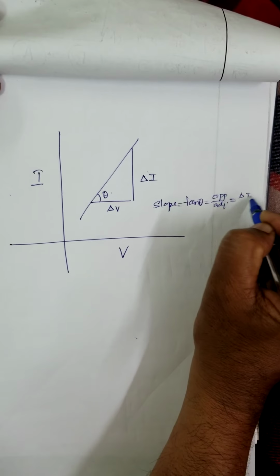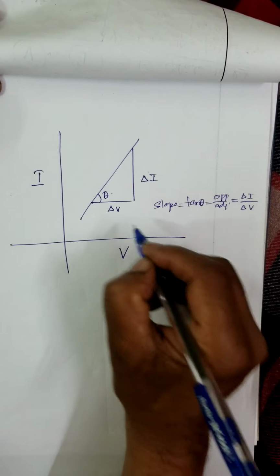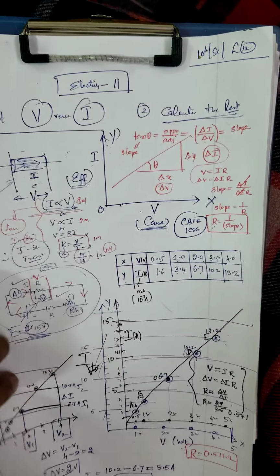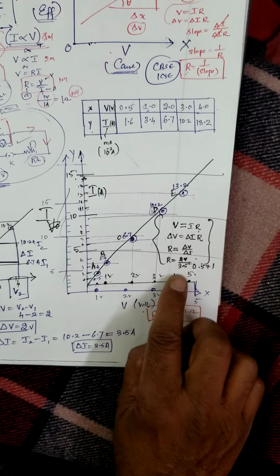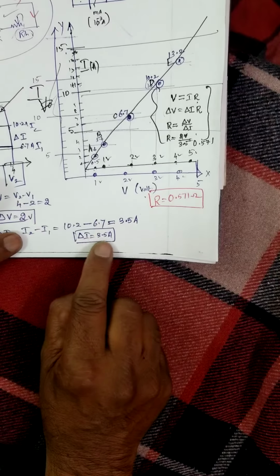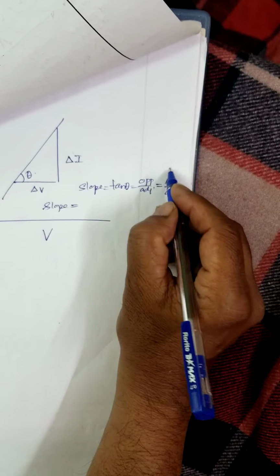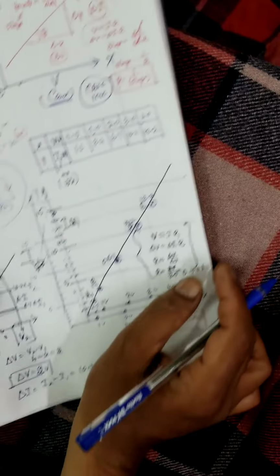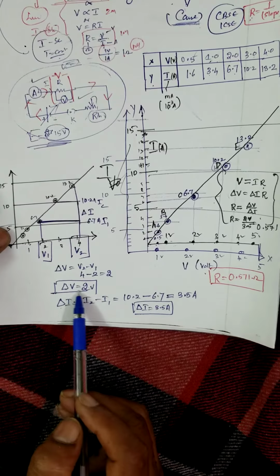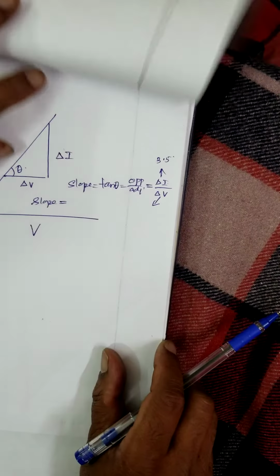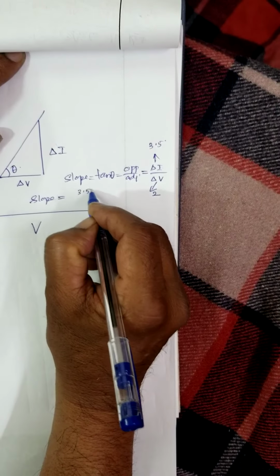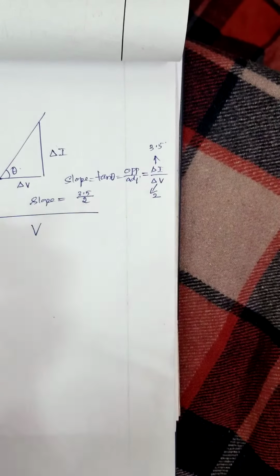Opposite is delta I by delta V. Therefore, slope is equal to delta I by delta V. Delta I is 3.5, and delta V is 2. Therefore, slope is equal to 3.5 by 2.